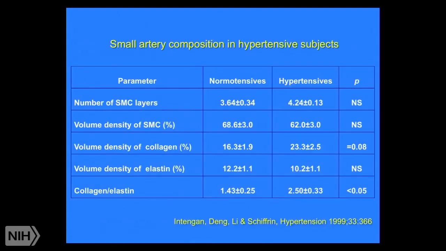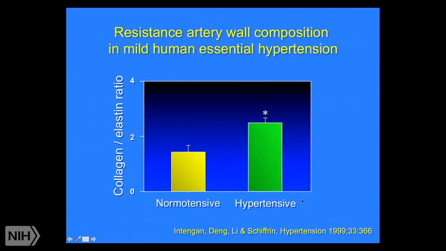In these patients, we used electron microscopy to study the composition of the vascular wall, and this showed that the number of layers of smooth muscle was unaltered, that the volume density of smooth muscle cells was similar, but the relation of collagen to elastin was significantly increased. And in fact, we have suggested that the remodeling of the extracellular matrix is the fundamental change that occurs in these vessels.